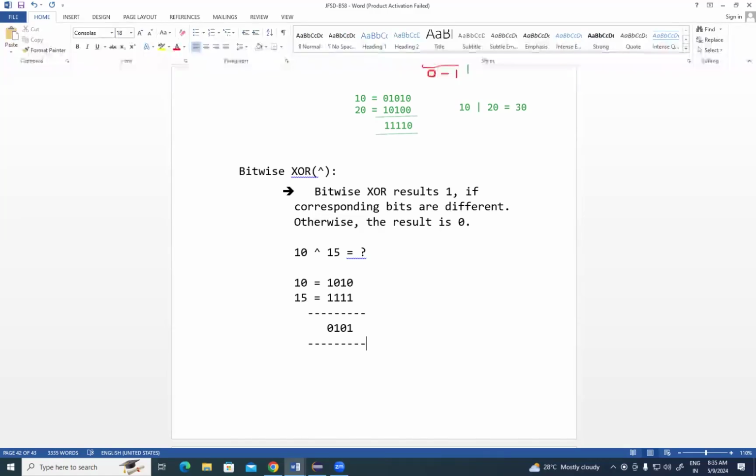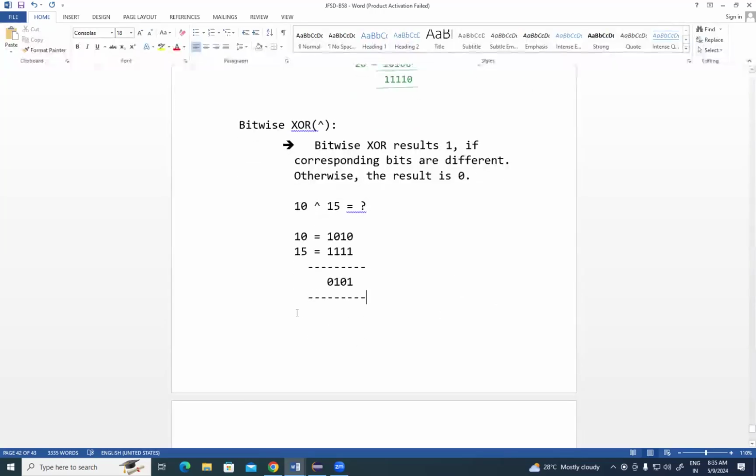So 4 plus 1 is 5. The result is 5. Am I clear so far? 10 XOR 15 is equal to 5.